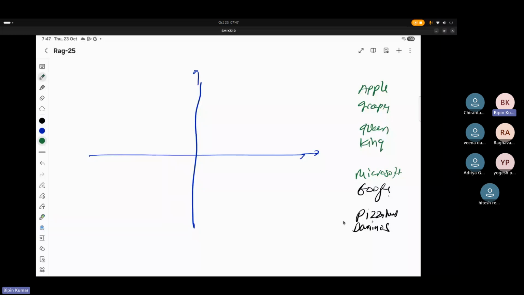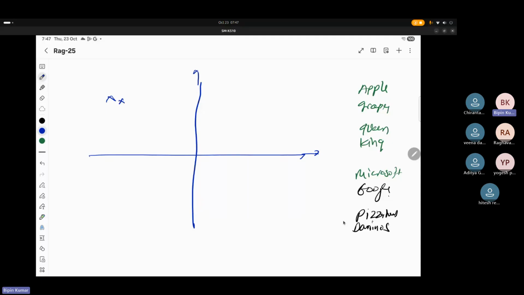Smart in the sense that it will be able to capture, based on the word name, what it represents. For example, apple and grapes.